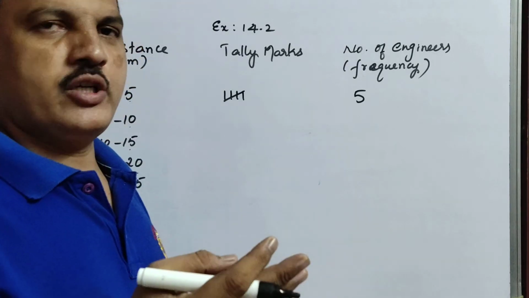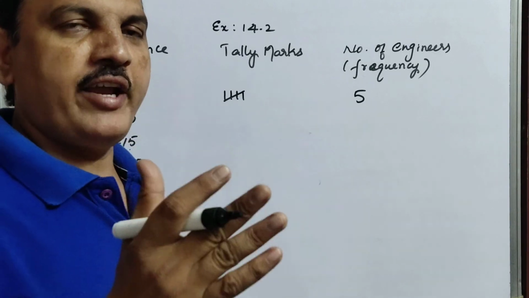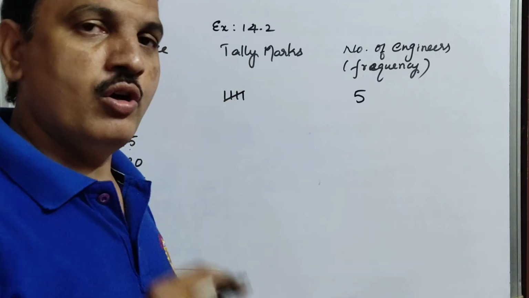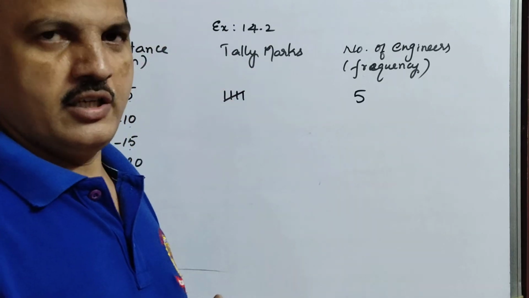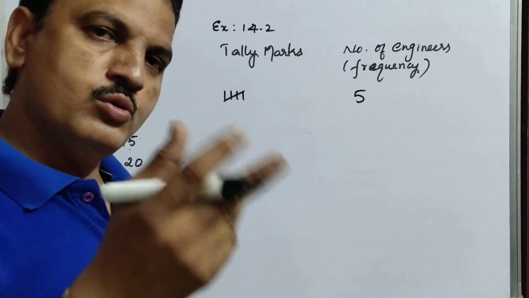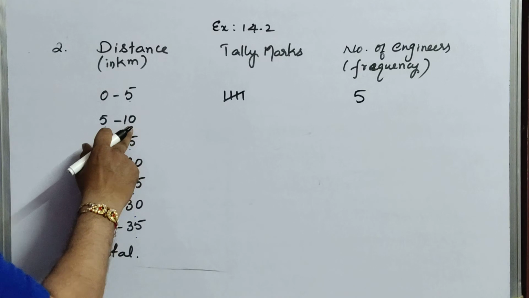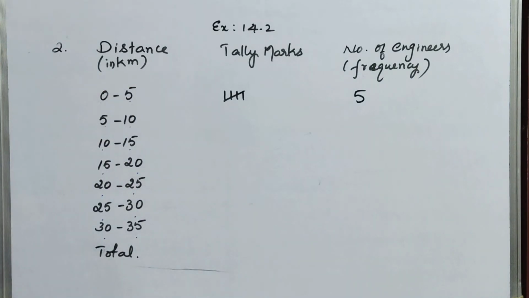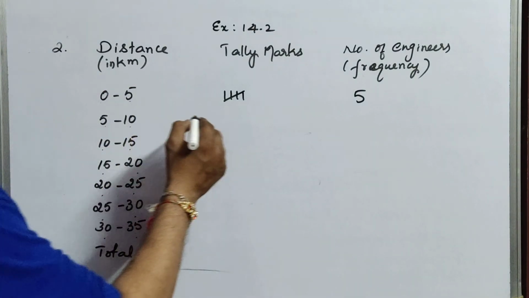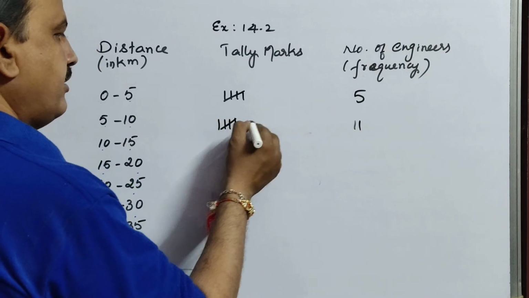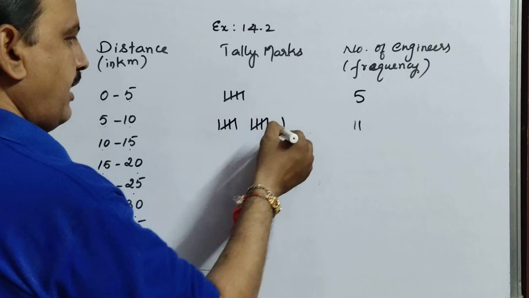If 5 is there, you have to count it as many times as it occurs. Suppose 6 is there 2 times, count 2 times also. But except 10. So there are 11 like that. So 11 here as frequency: 1 2 3 4 5 6 7 8 9 10 11.